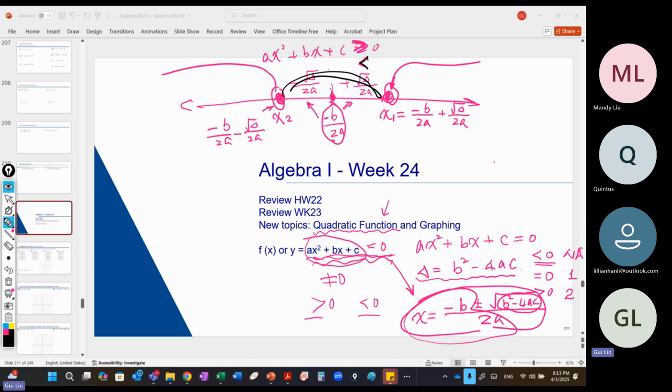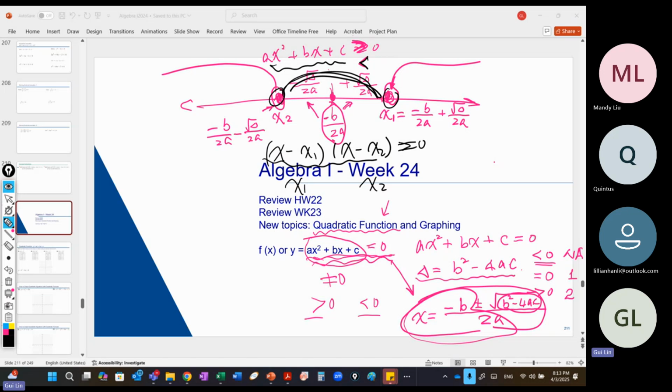Because the left part can be broken down into something like x minus x1 times x minus x2. So when it equals 0, one answer is x1, the second answer is x2. When it becomes an inequality, if it is less than 0, it's in between; if it is greater than 0, it's outside.